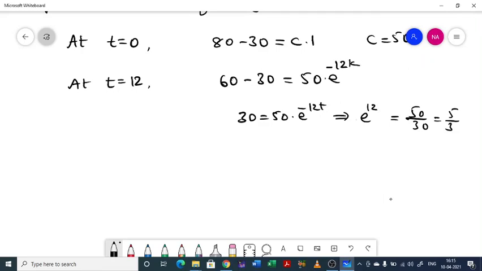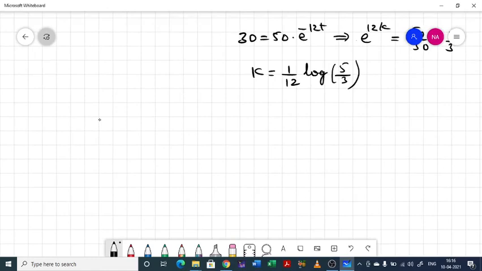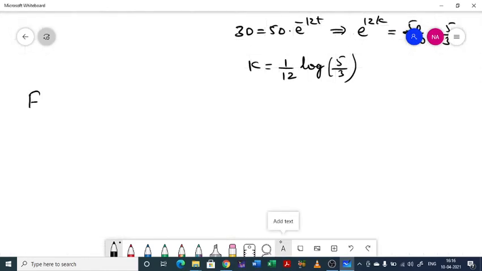So we get k by simplification, 1 by 12 into log of 5 by 3. Finally, at t equal to 24, capital T is to be determined.